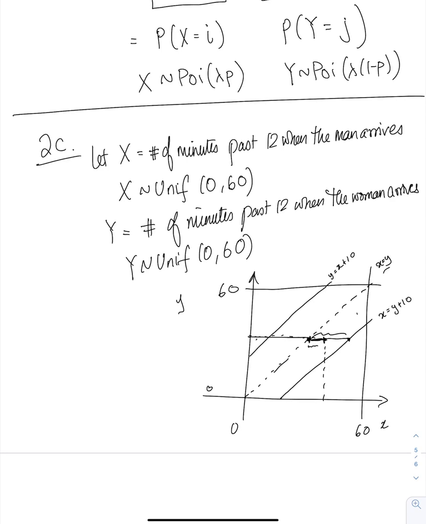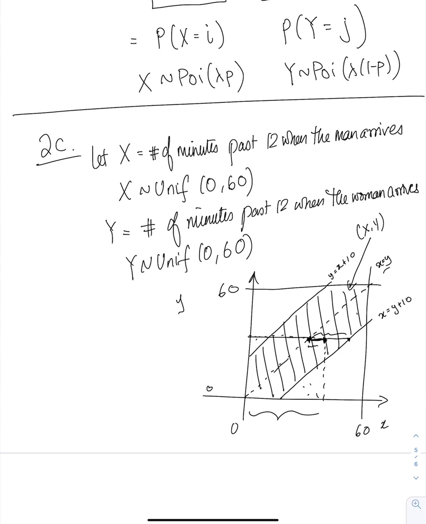But since the person's arriving at this x value, yes, it is greater than y, but the amount by which it is greater is less than 10. So with that analysis, if the coordinate point x comma y arrival time is in that region, then neither of them has to wait more than 10 minutes.